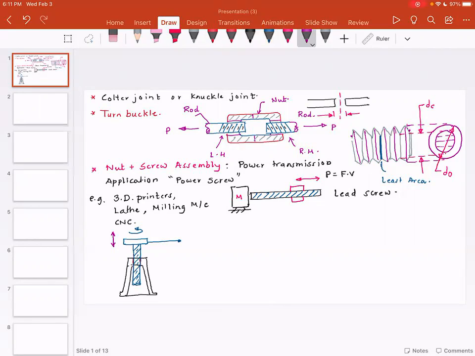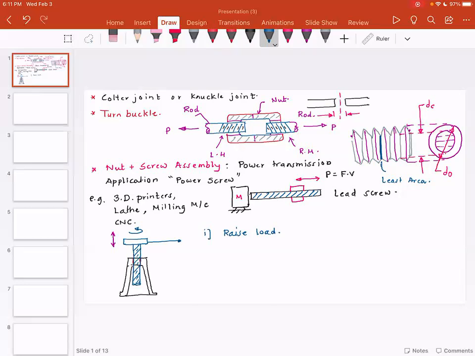But what I want you to observe is there are two cases possible. The first case is you raise the load, and remove the torque.